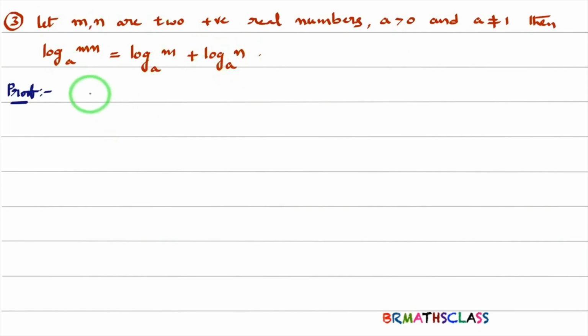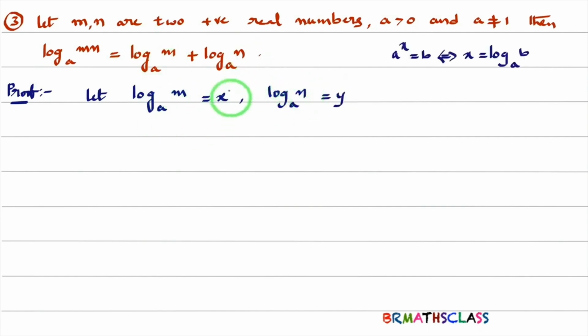To prove this property, first I'll consider this log m base A as x. Log m base A, you consider as x. And you consider this log n base A as y. How do we write this in exponent form? You observe here.